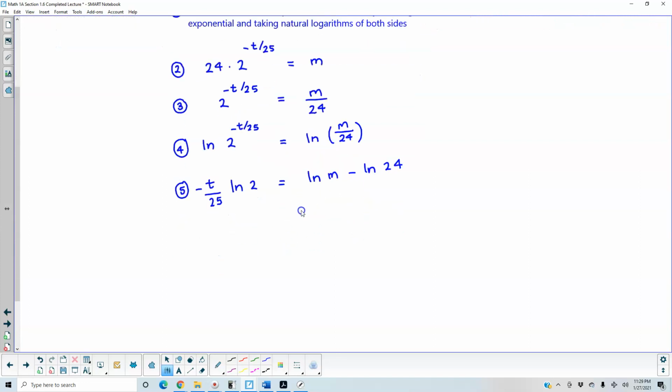So now we want to solve for t. In order to do that, we're going to have to multiply both sides by negative 25. So what's left is t times the natural log of 2, which is equal to negative 25 times the natural log of m minus the natural log of 24.